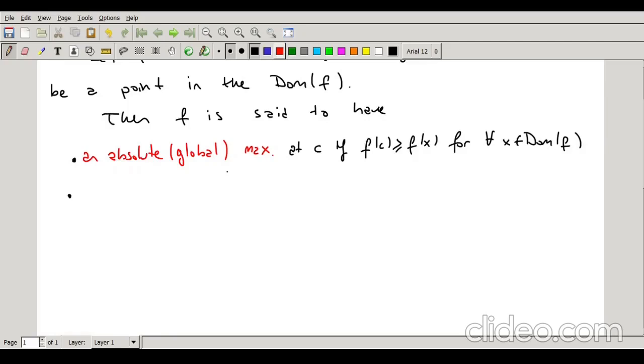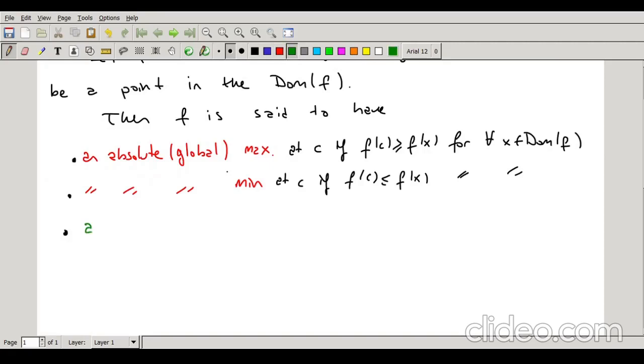Similarly, we can define an absolute, or global, minimum at point c if now we have the reverse: f of c is smaller than f of x. In order to be the minimum, it must be smaller than all of the other values, for all x in the domain of f.